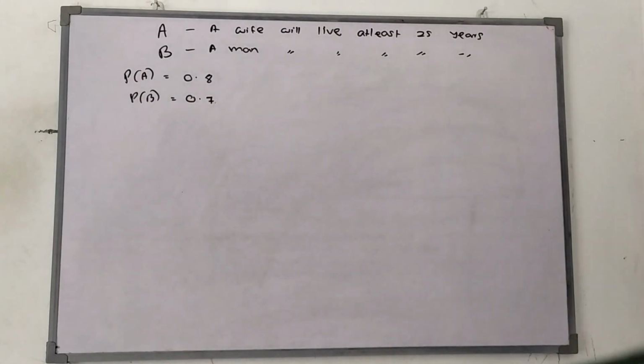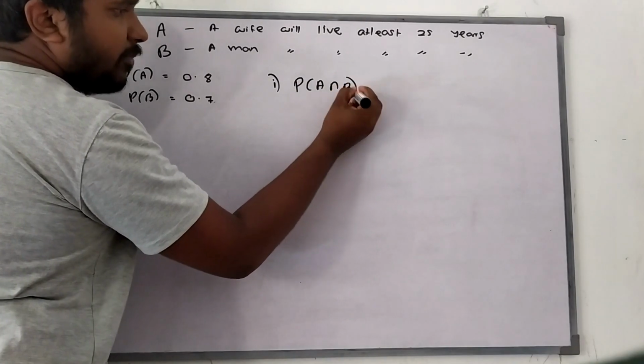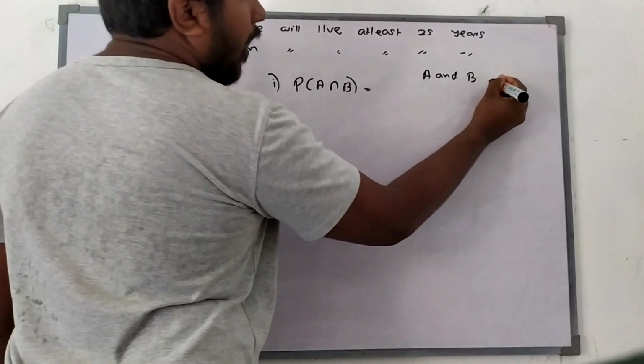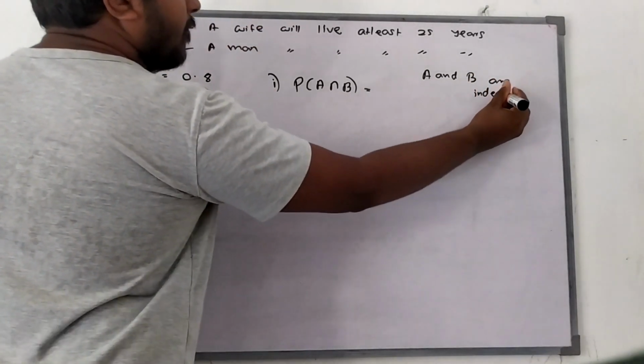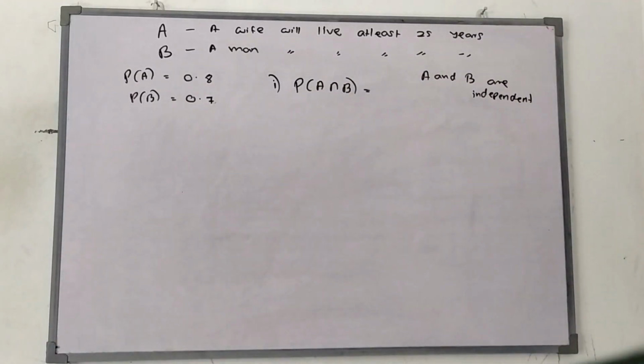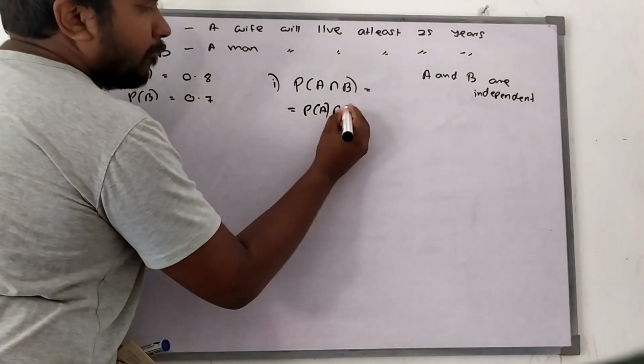First question, both will be living, right? So both means A intersection B. Actually, A and B are independent, because the living of the man is not dependent on the living of the woman. It depends on their health. So this can be written as P(A) into P(B).